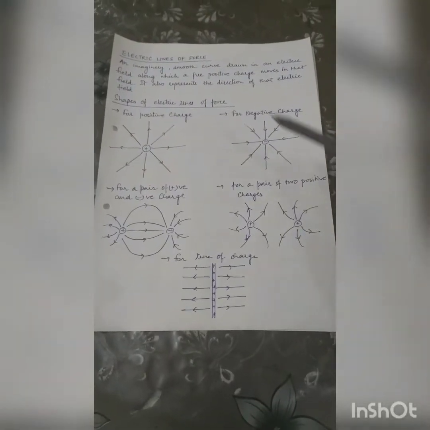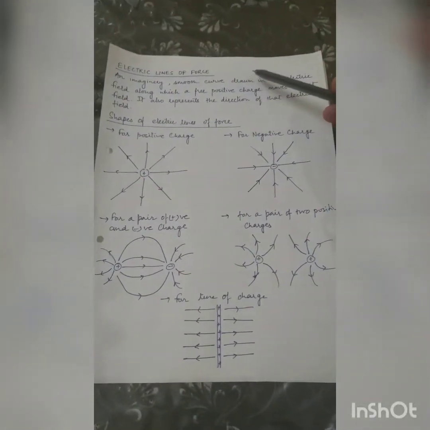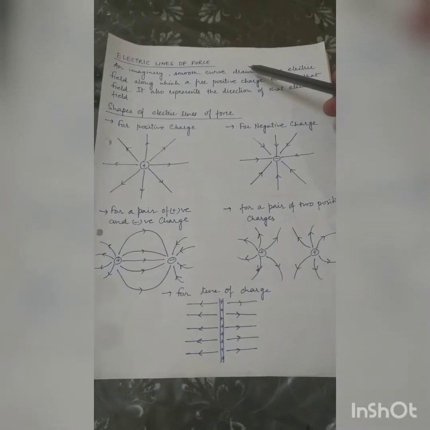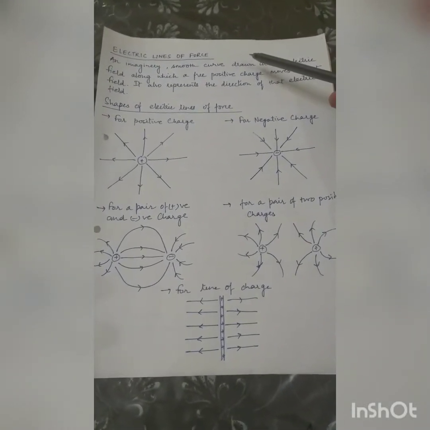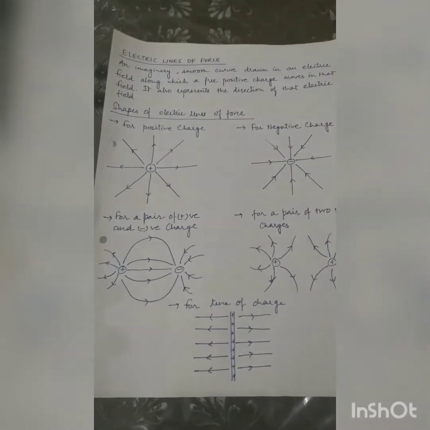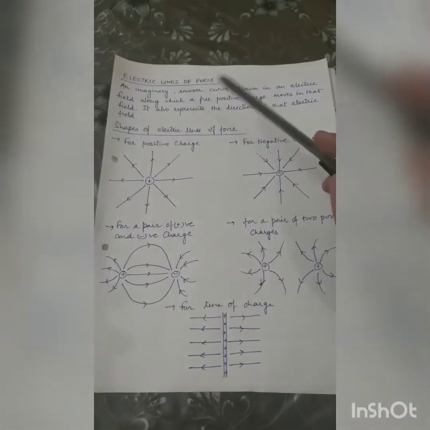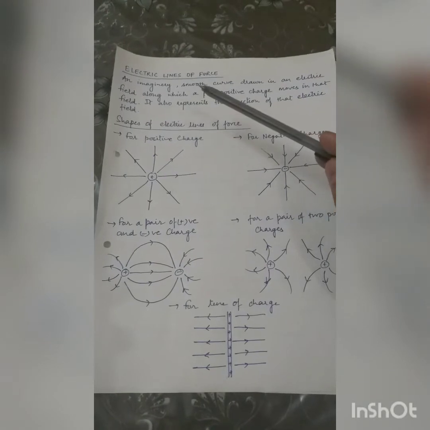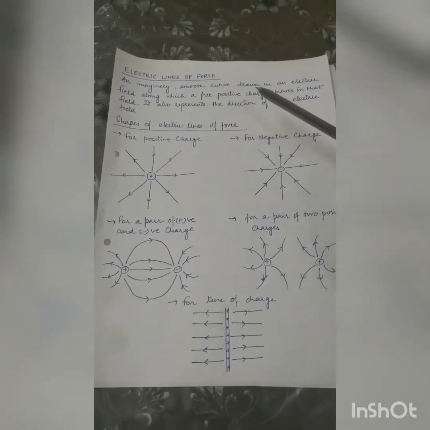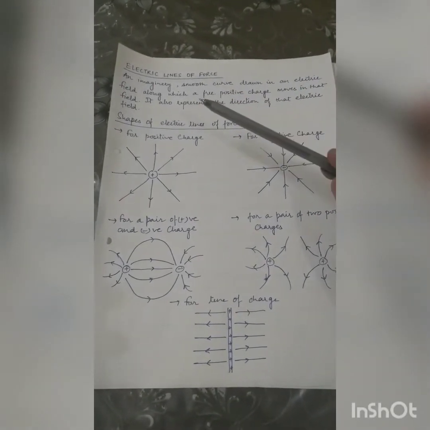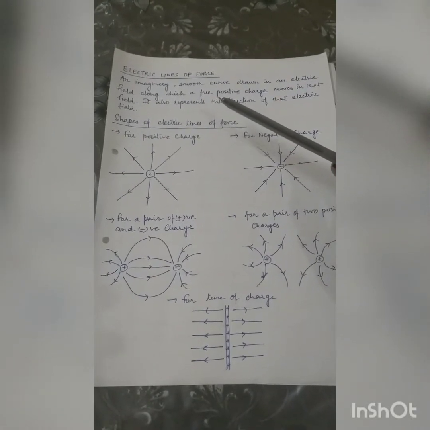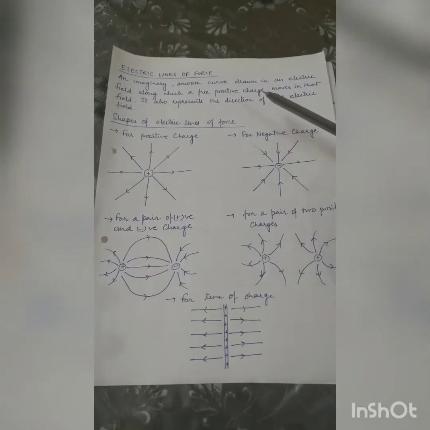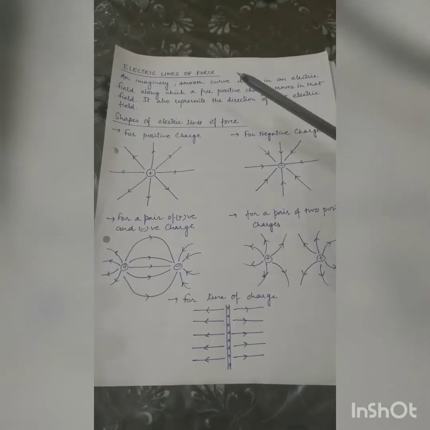Hello everyone. Let's talk about our next topic, that is electric lines of force. Electric lines of force are also known as electric field lines, and they are defined as imaginary smooth curves drawn in an electric field along which a free positive charge moves in that field.